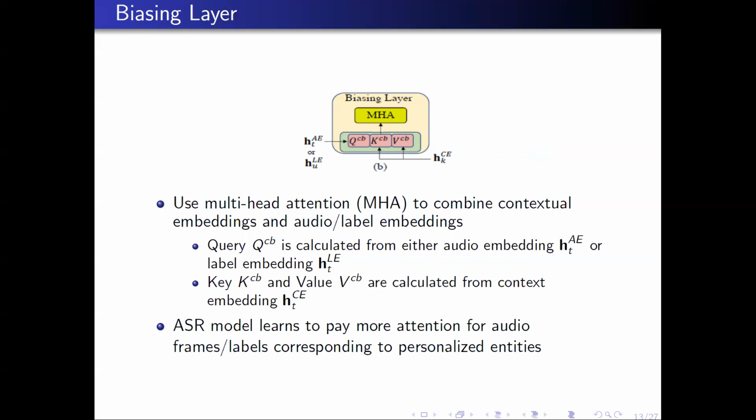The keys and values are calculated from context embeddings. The idea is we let the ASR system learn to pay more attention to audio frames corresponding to contextual or personalized entities.